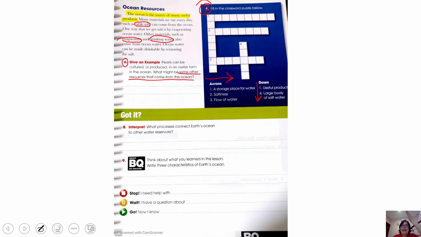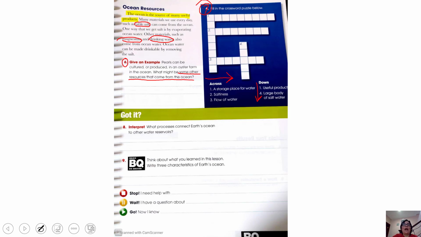Now let's go down. Number 1 says useful products. It's on this page. Useful products are called? There you have the answer. Number 4, large body of salt water. This is easy. River, lake, or what? A large body of salt water.